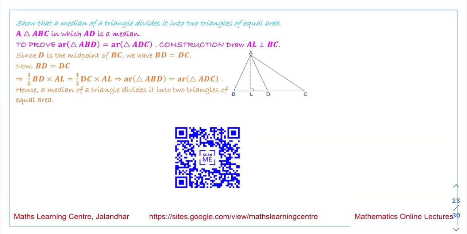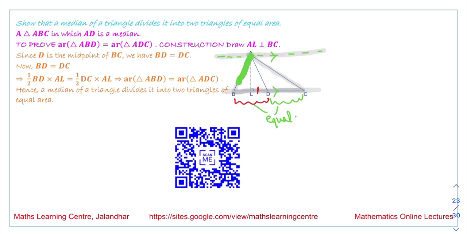Next we have to show that the median of a triangle divides it into two triangles of equal area. So we are talking about a triangle ABC over here. The median of the triangle means this is the point D, so both BD and DC are equal. If we draw a line over here that is parallel to BC, we have two triangles now.